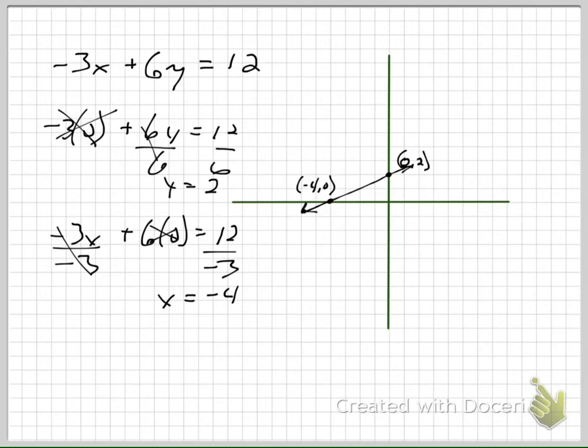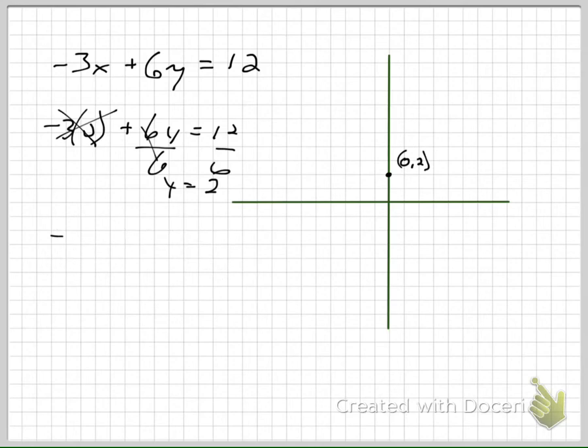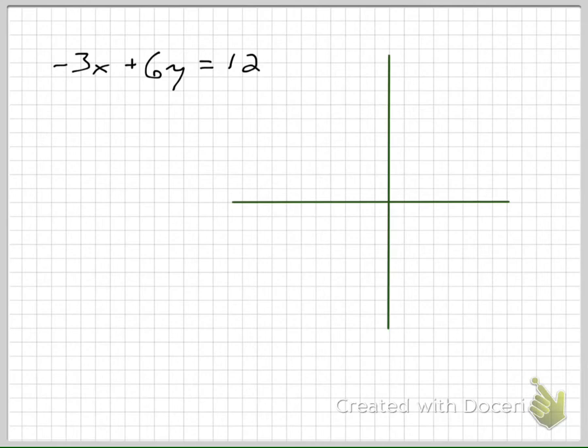Now I'm going to show you a little bit of a shortcut here. I'm going to make this real simple so you can do a lot of this in your head using the intercepts. When I have an equation written in standard form, and we know it's a line, look what I can do.